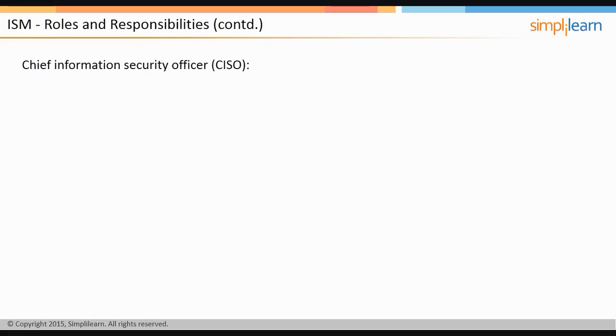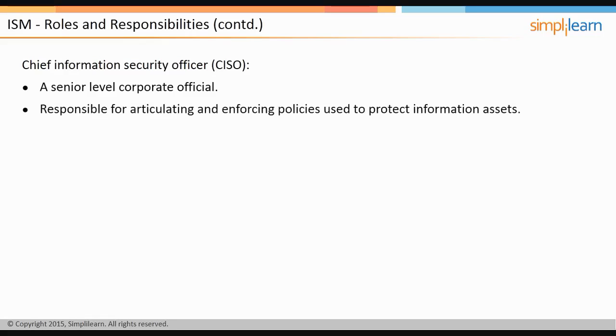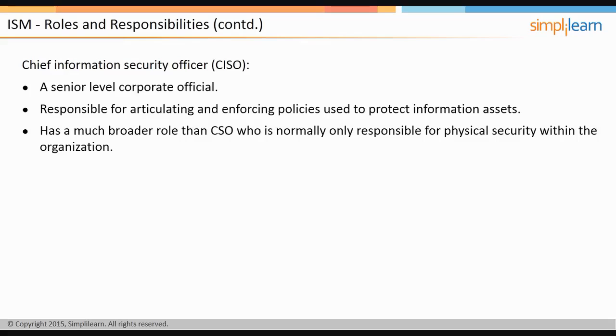The Chief Information Security Officer, CISO, is a senior-level corporate official responsible for articulating and enforcing policies used to protect information assets. He has a much broader role than the CSO, who is normally only responsible for physical security within the organization.